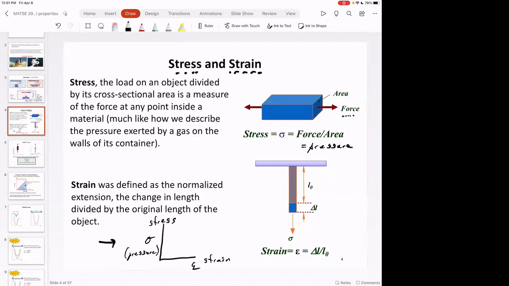And then strain is defined as the change in length over the original length. So you can see that diagram right here. Change in length delta L over L0. That's the definition of strain. And you could express that as percent or whatever you want. But in this nomenclature, strain is unitless.